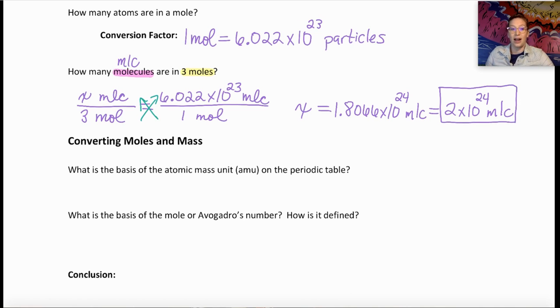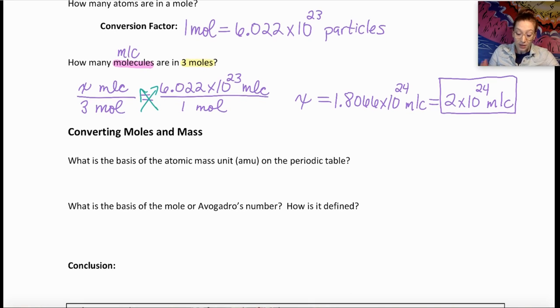Now this is great, except it's really not reasonable for us to actually count particles. So in order to make that a little easier on us, what we have to do is consider mass and how mass can play into our conversions between moles and other units.